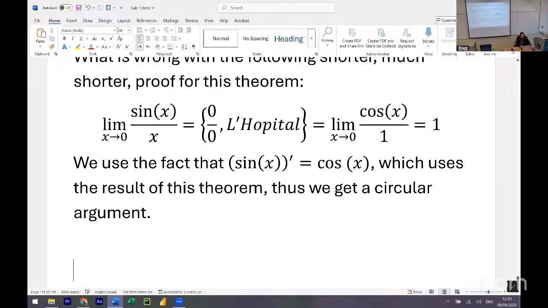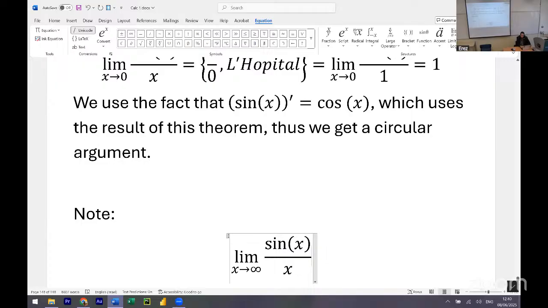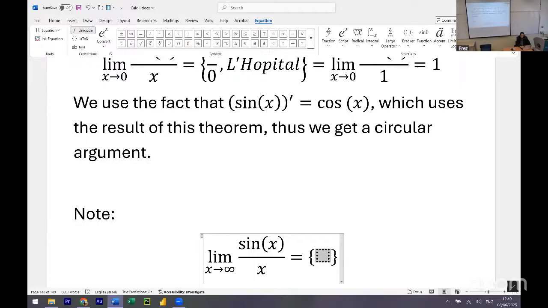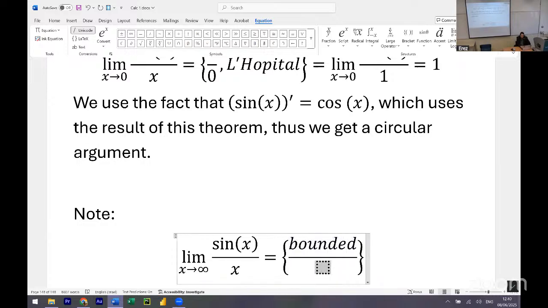Another note. What is the limit when x goes to infinity of sine of x over x? Why? Exactly. Bounded over infinity is 0.